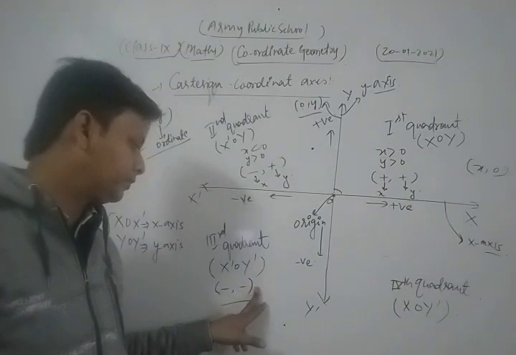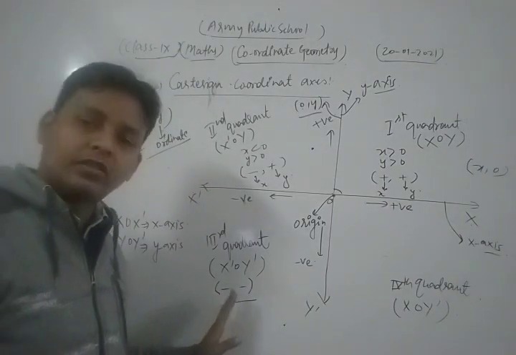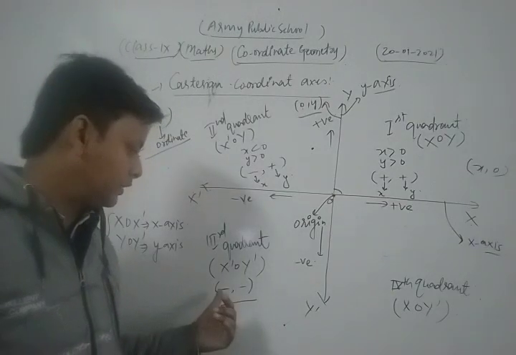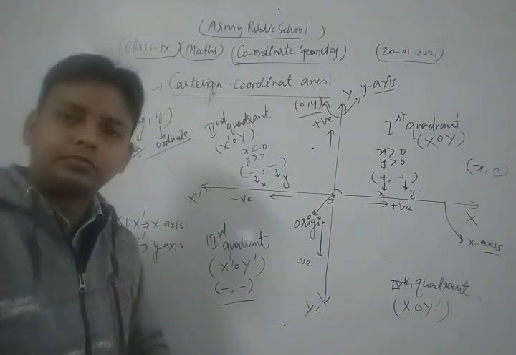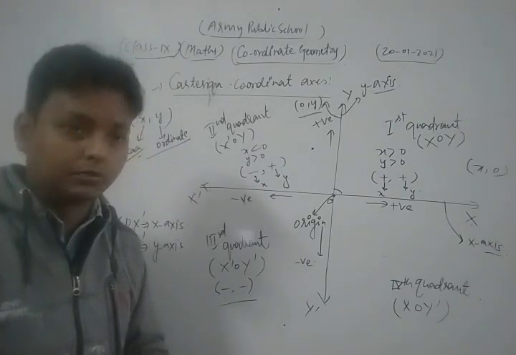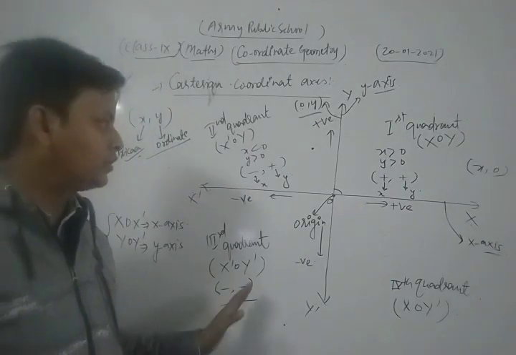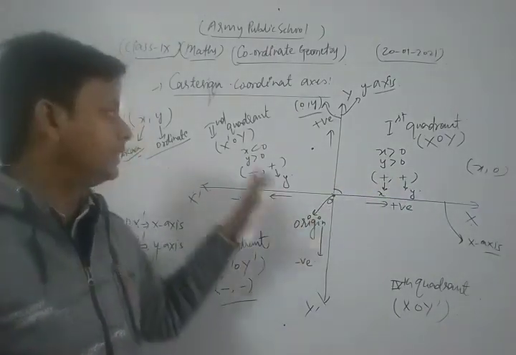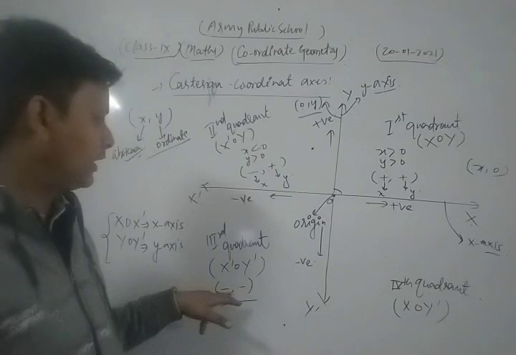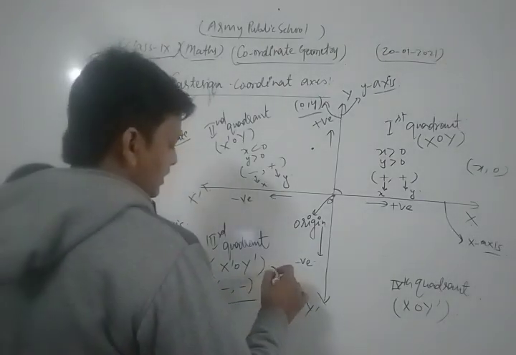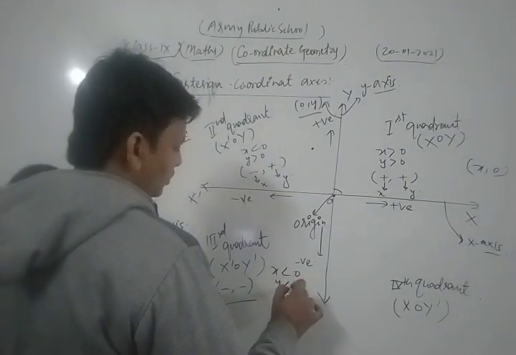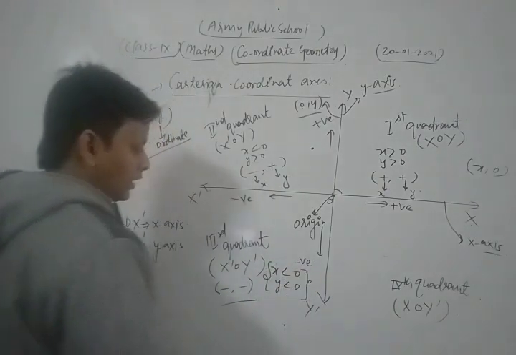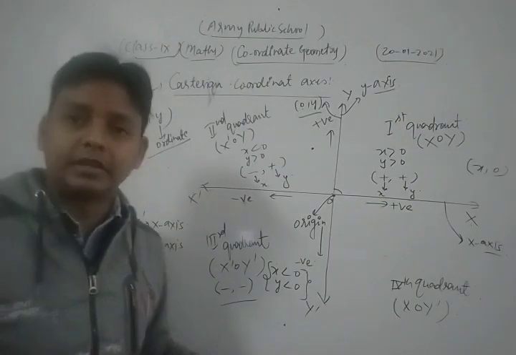Abscissa and ordinate both are what? Negative. Now clear everyone? Thus, in the first quadrant both abscissa and ordinate are positive. In the third quadrant both are less than 0, which means both are negative.